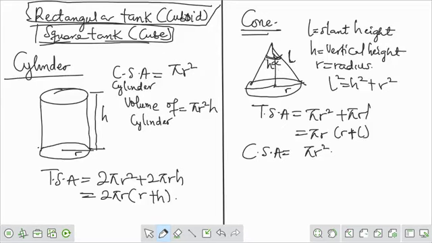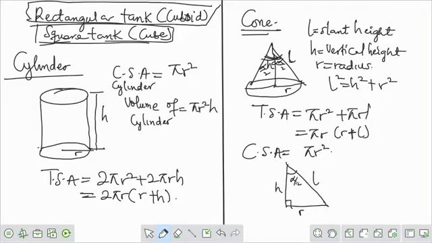The half of the angle will be alpha over 2. Now let me bring this one out. It will be alpha over 2 here. This will be L, this will be the radius, and this will be the height.